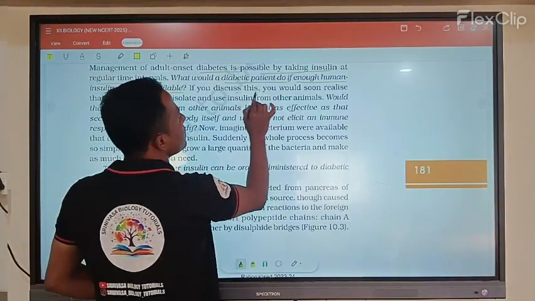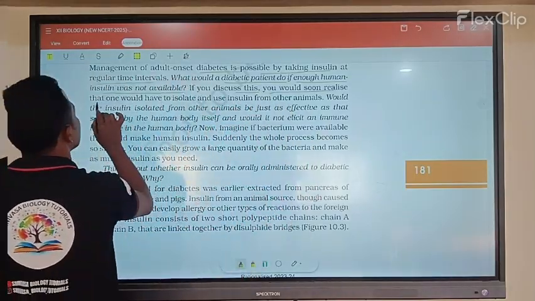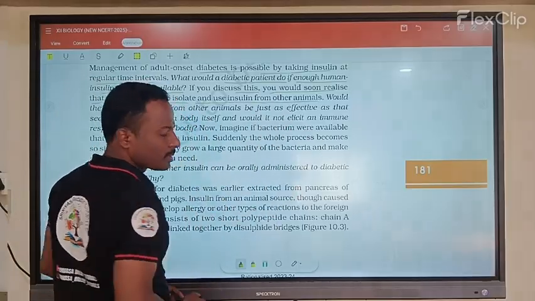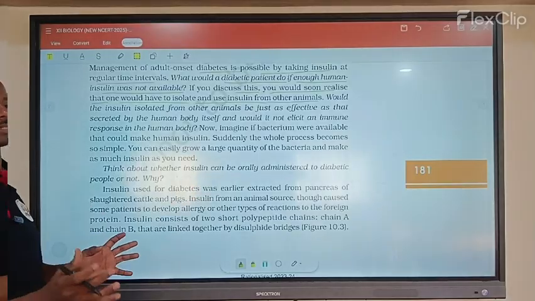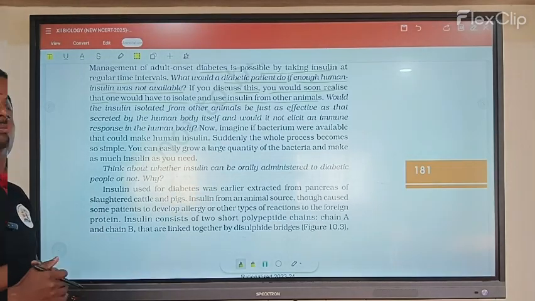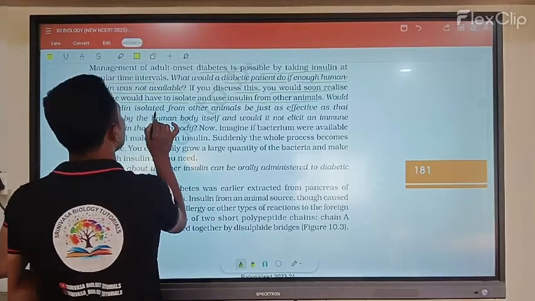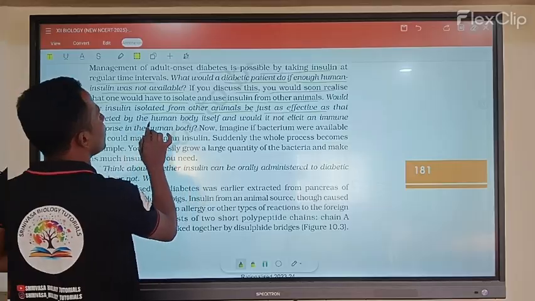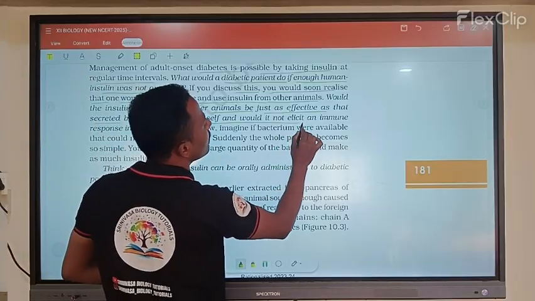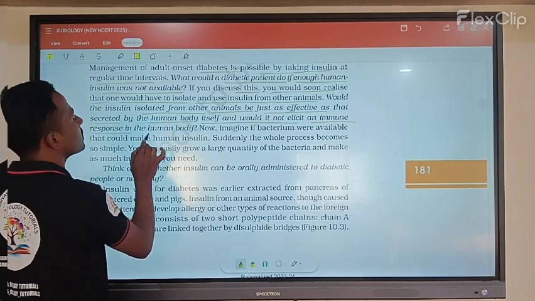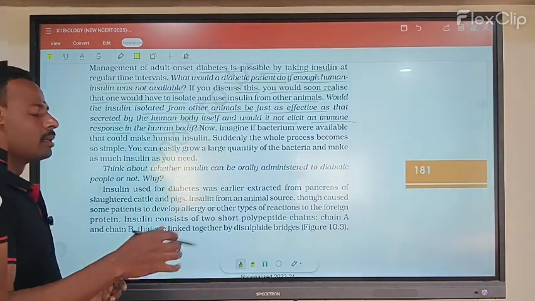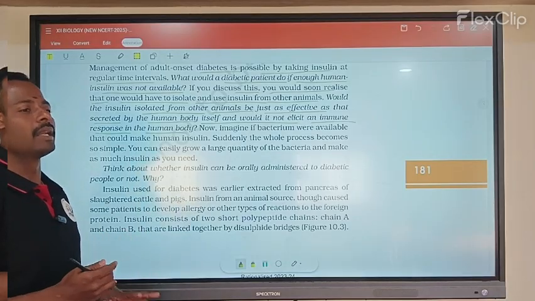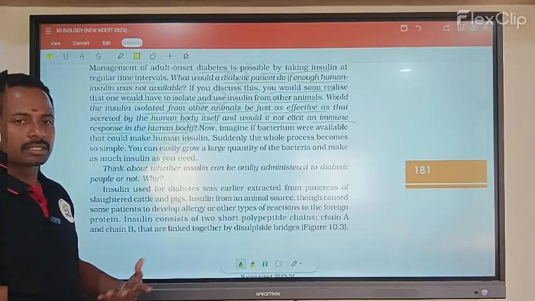Okay. You would soon realize that one could isolate insulin from animals. But would the insulin isolated from other animals be as effective as that secreted by the human body itself? It could cause an immune response in the human body. Sometimes we take it and it is good, but sometimes it gives bad results.